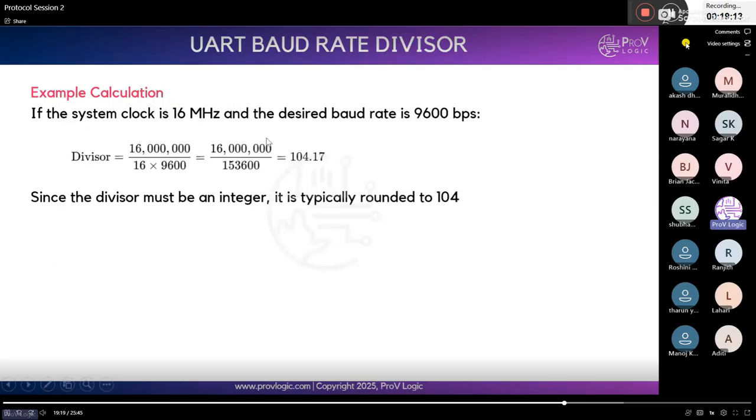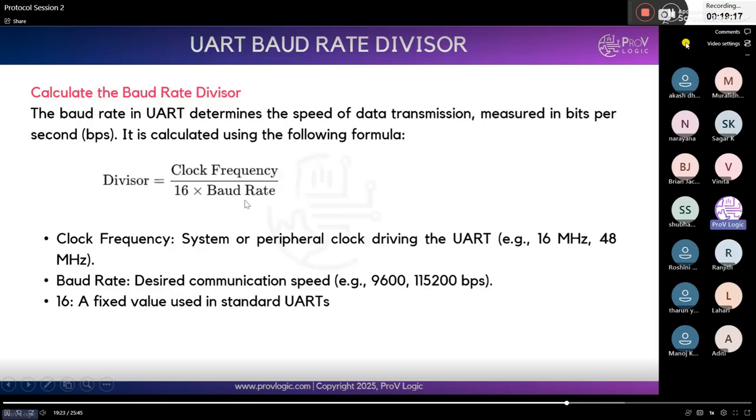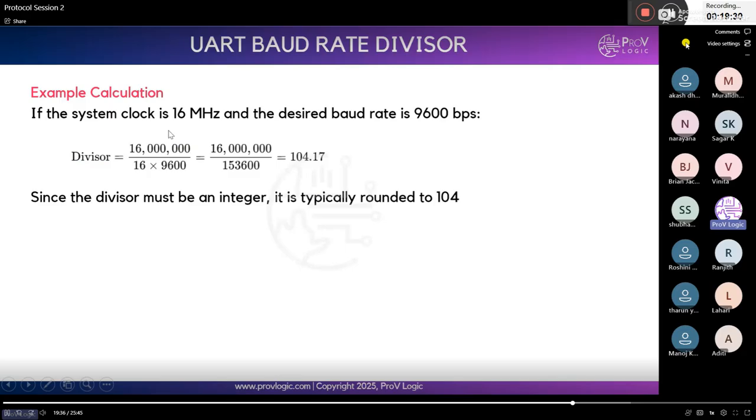Based on the divisor, how can we calculate for 16 megahertz? What is the formula? Divisor is equal to clock frequency divided by 16 into baud rate. So if the system has a 16 megahertz clock and the baud rate is 9600 bits per second, then what is the divisor?